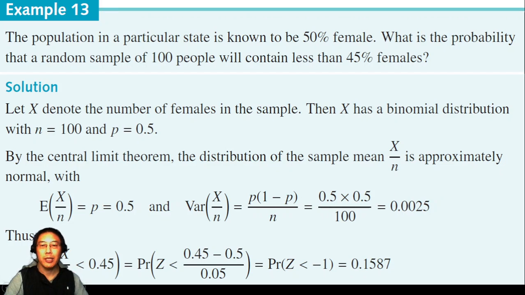Now just be careful here. When it says what is the probability that a random sample of 100 people will contain less than 45% female, the 45% is a proportion. It's not an absolute number of females. So that 45% is 0.45.